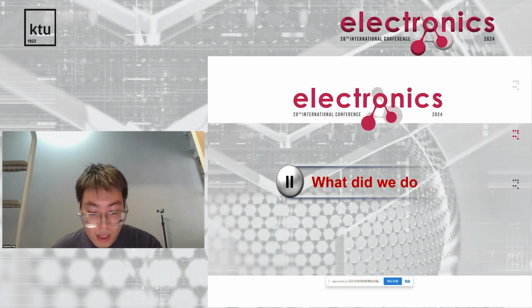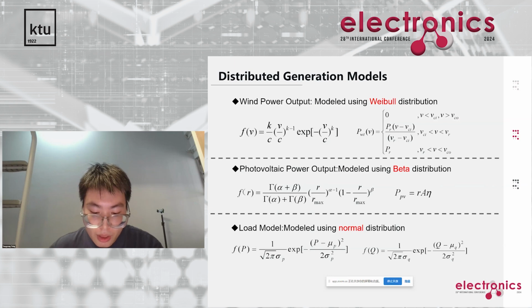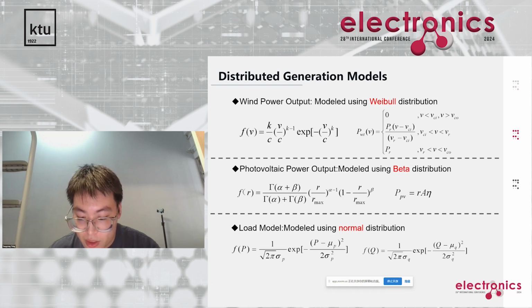Part 2, what we did. Next, we will discuss the modeling method of distributed power generation. Weibull distribution is a commonly used method for wind speed modeling, which can simulate changes in wind speed.